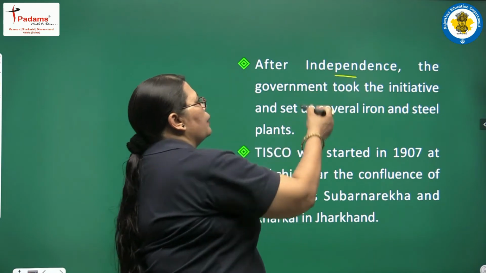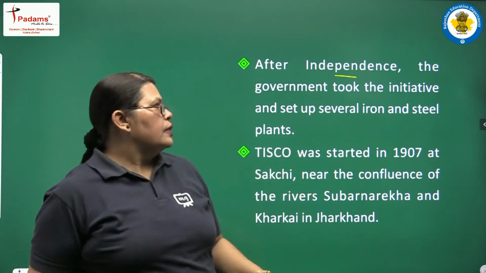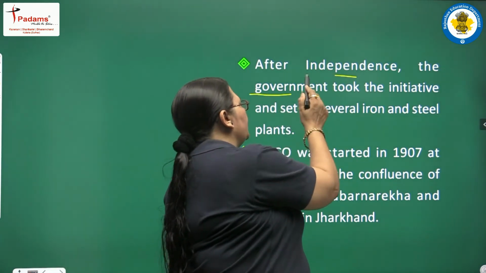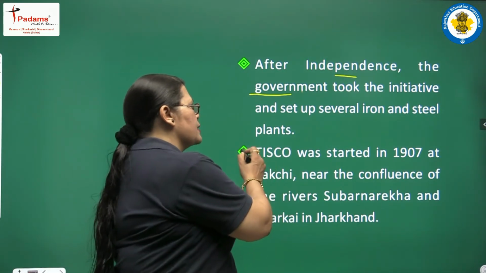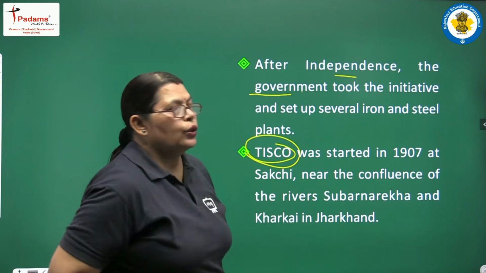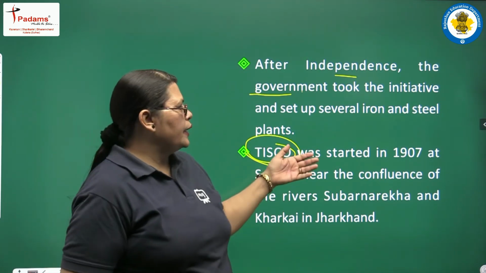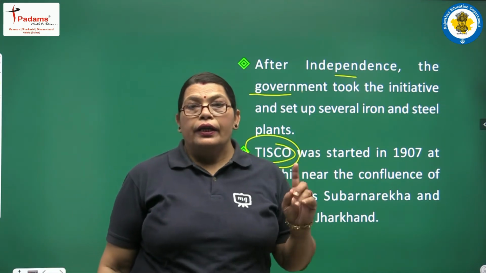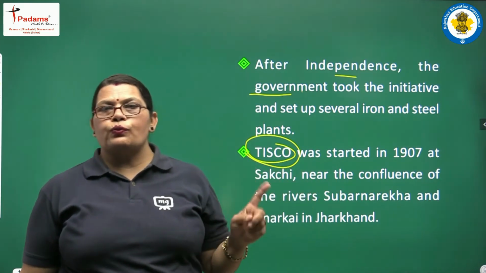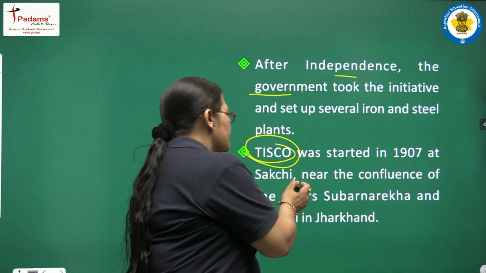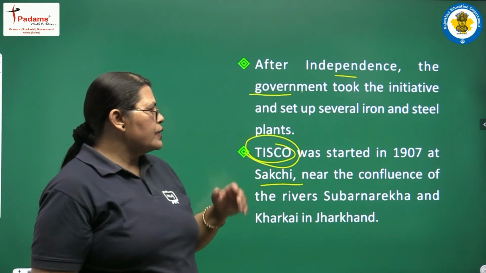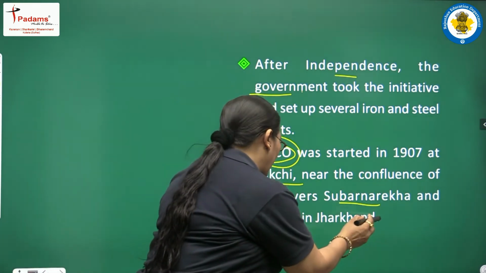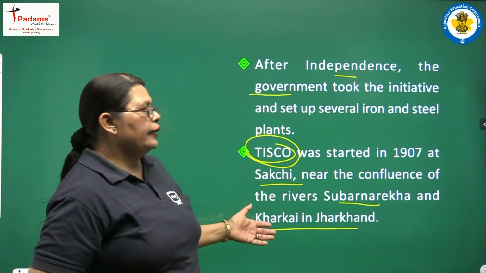And after independence, the government took initiative and set up several iron and steel plants. TISCO was started in 1907, which means before the First World War. It was at Sakchi, near the confluence of the rivers Subarnrekha and Kharkai in Jharkhand.